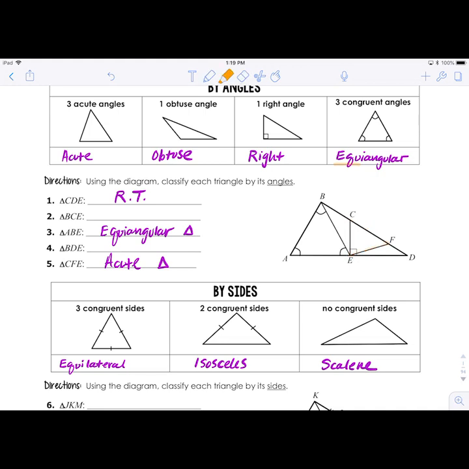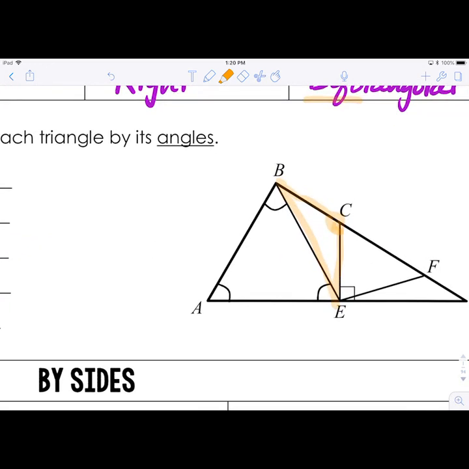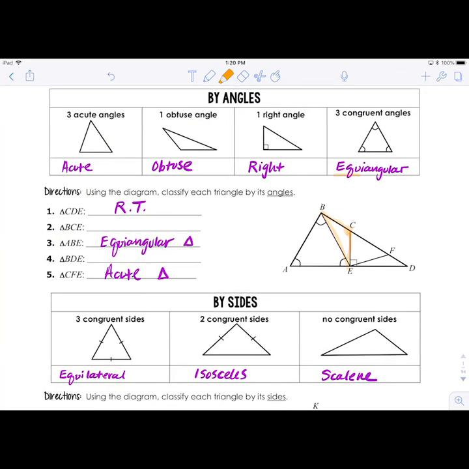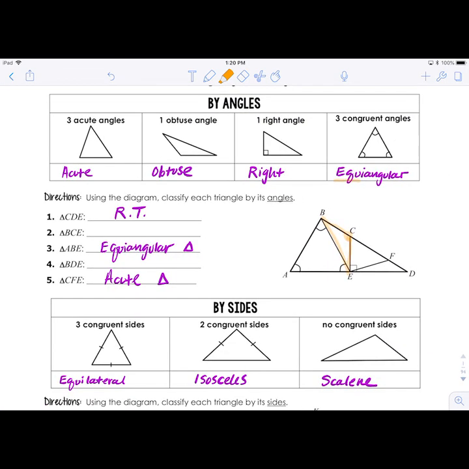BCE is an obtuse triangle because of this angle right here. It looks like it measures more than 90 degrees. I'm not being the best math person right now by just assuming that it is more than 90, but we'll get over it.